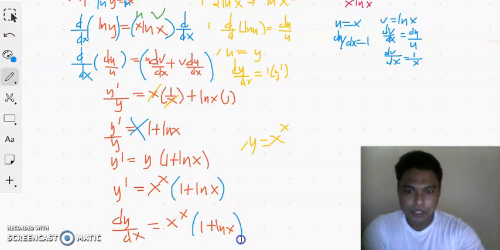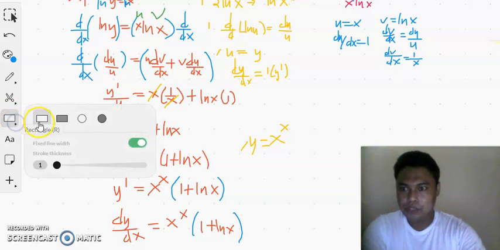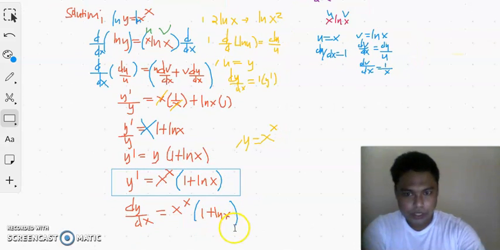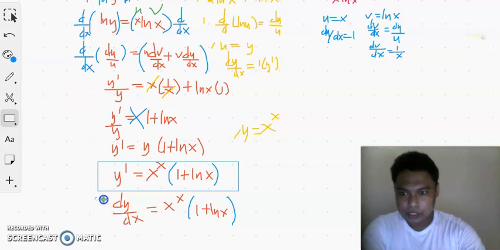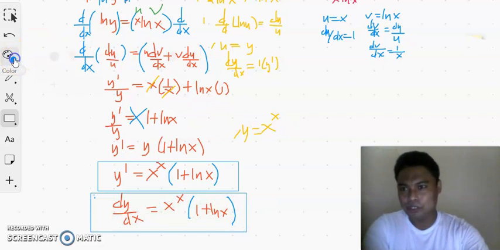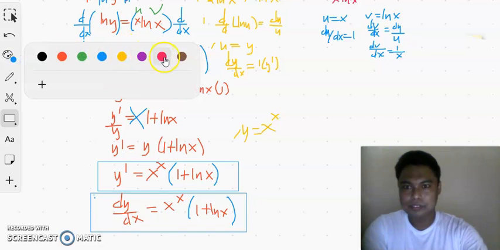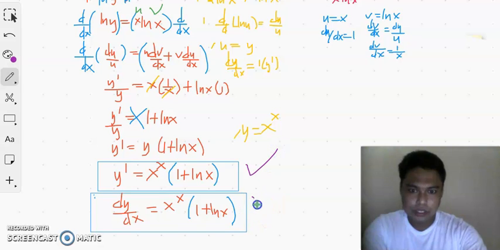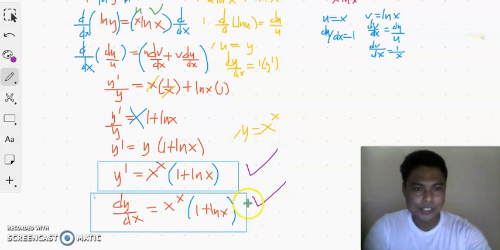This will be our answer number 1, and number 2. They are both correct. So this is the solution, the final answer.